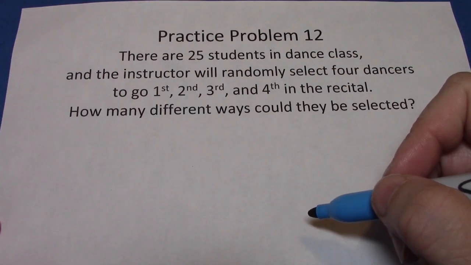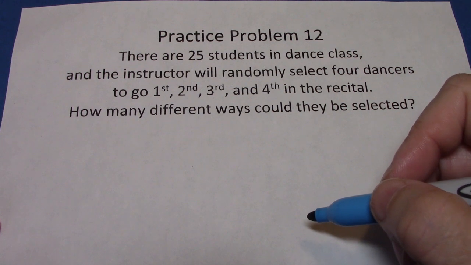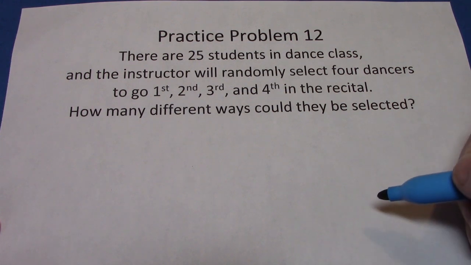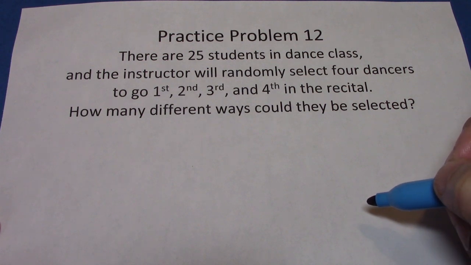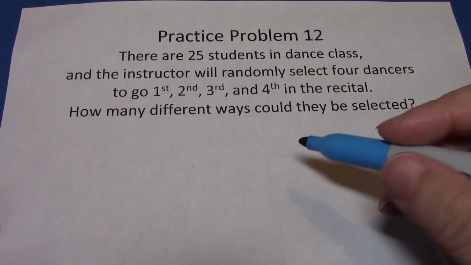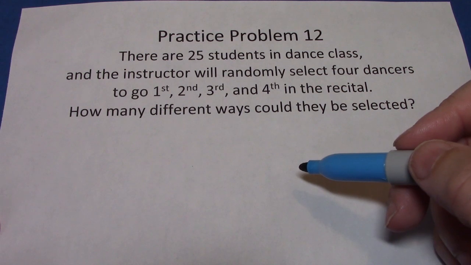Problem 12. There are 25 students in dance class, and the instructor will randomly select 4 dancers to go first, second, third, and fourth in the recital. How many different ways could they be selected? All right, so this is a permutation because we do care about the order in which they're selected.